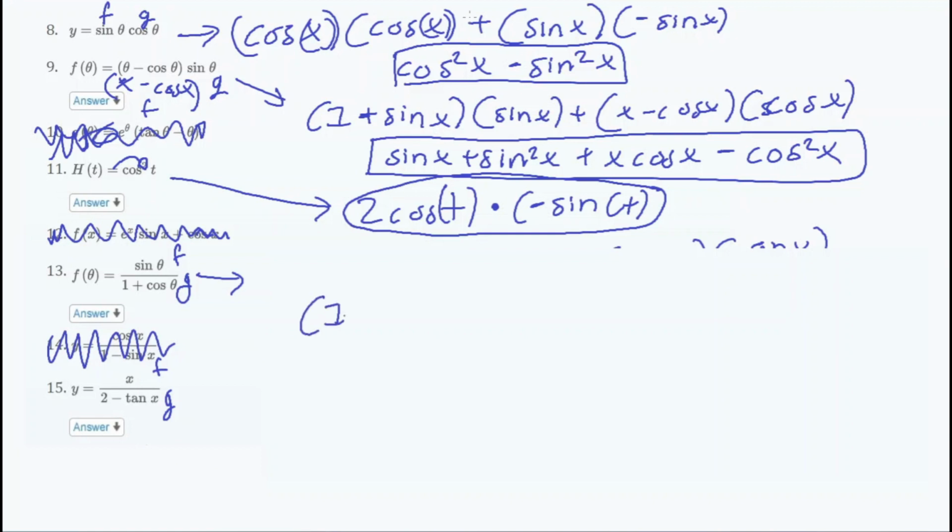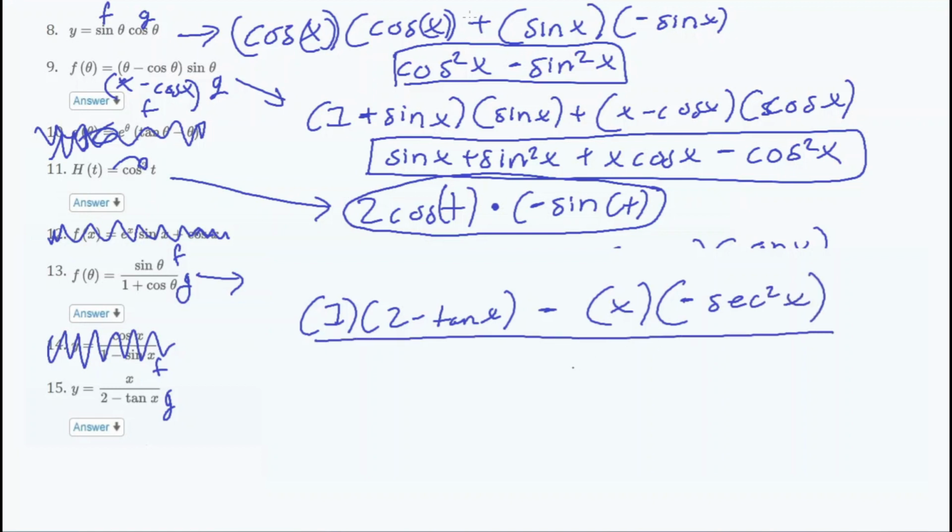So f prime is going to be 1 times 2 minus tan x, and that's going to be subtracted by x, which is f, times g prime, which is going to be negative secant squared x, and that's going to be over g squared. We'll write out g squared later.